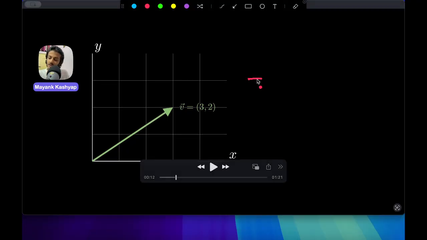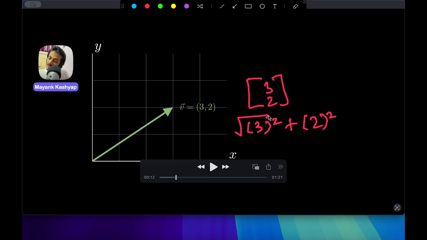Now if we have to compute the length of this vector, what we'll do is simply square each coordinate value and then take the square root, obviously. So this will give you the length, which is 9 plus 4, 13, so root 13, which is approximately 3.61.